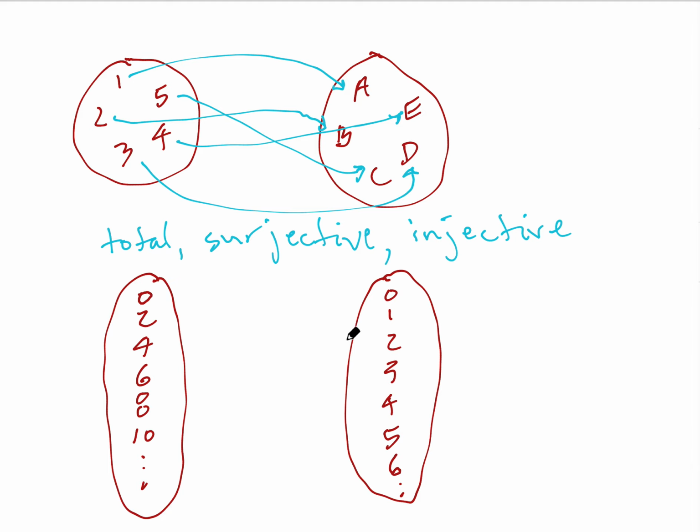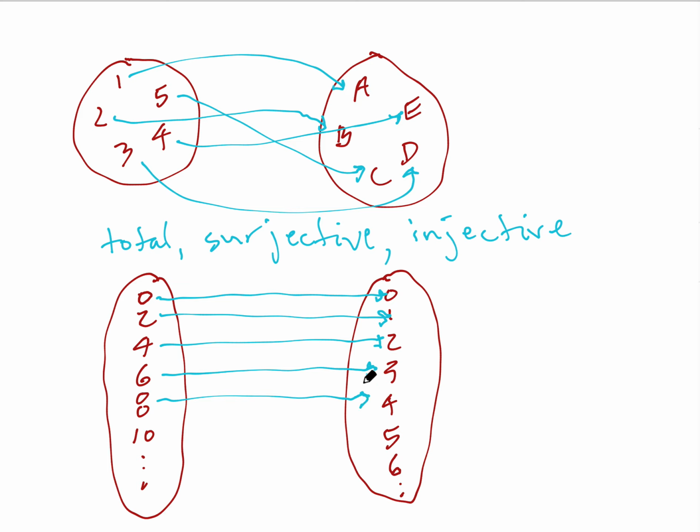These two sets are infinite, and they're not the same set, but they have the same cardinality, because I can have 0 be mapped to 0, 2 mapped to 1, 4 mapped to 2, and so forth. Basically, every number here is mapped to 1/2. We divide this number by 2 to get the number it gets mapped to. So we say that these two sets have the same size, the same cardinality.